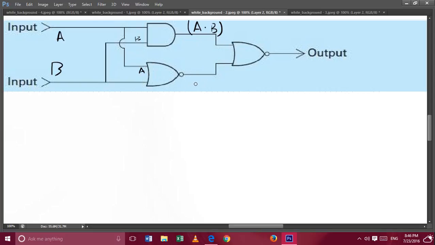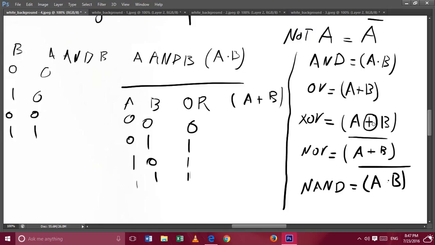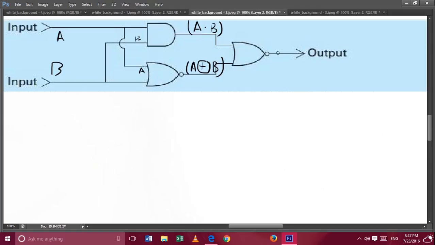Well, the output right here is A XOR B, because this is an XOR gate. So right here is A XOR B, and because we said this is the symbol for XOR, remember? Very good. Okay, one step and we are done. What about here?